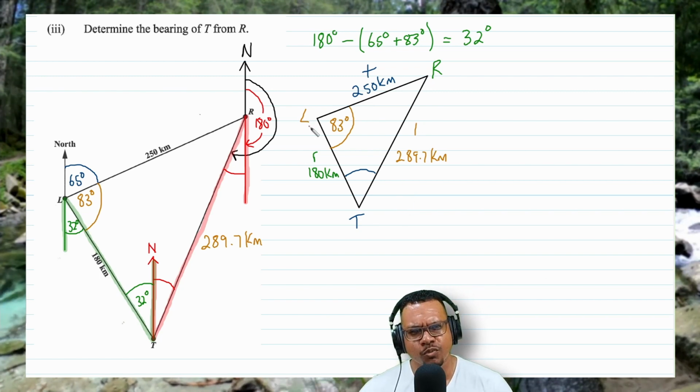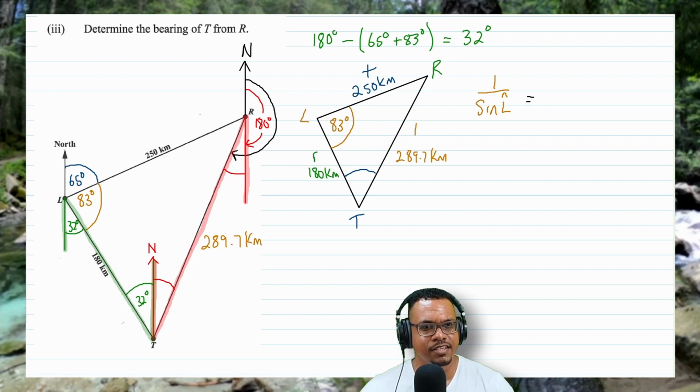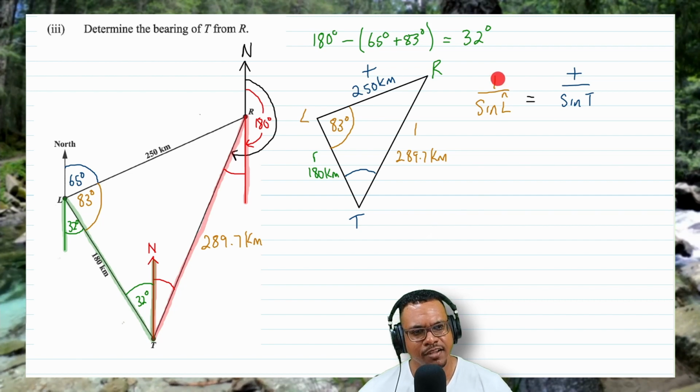Seeing that I know what is angle L and side L, I'll set up the sine rule like this. I'll have common L over sine capital L is equal to, and I see that I want to find angle T, and I know side T, so I'll have common T over sine capital T. Now, the reason I use this common L over sine capital L is because in any equation, we're only allowed one unknown.